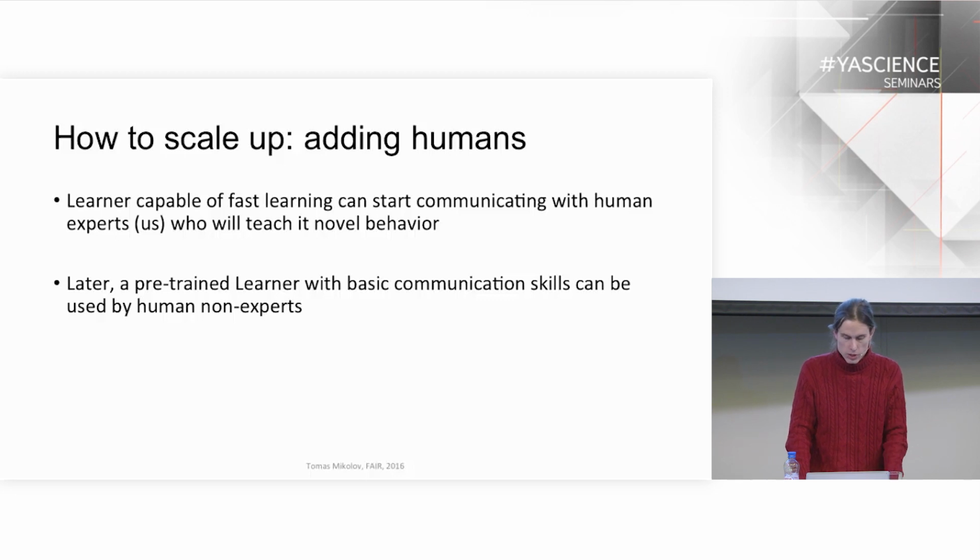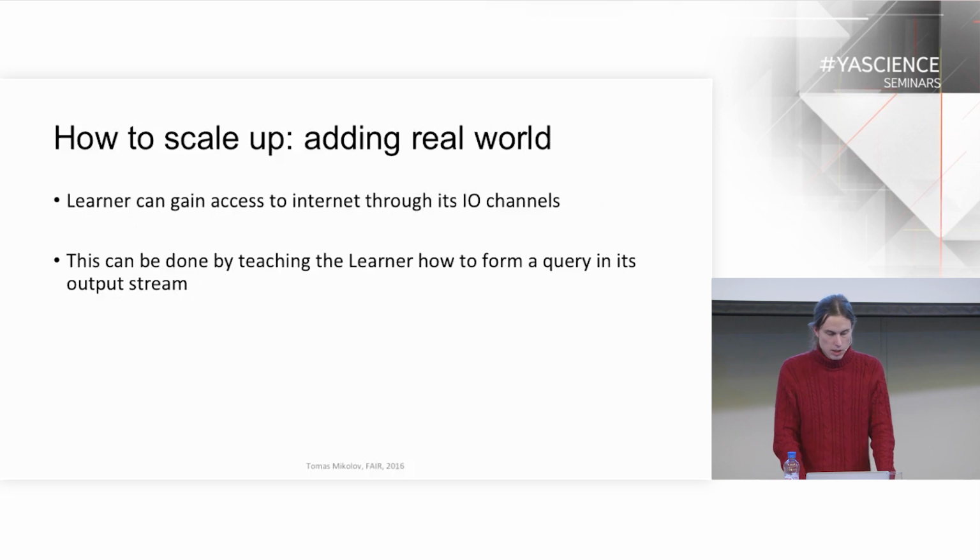And of course, in a very distant future, once we have this pre-trained learner that has basic communication skills and learning skills, then we can just ship these intelligent machines to real people who would be teaching them to perform tasks that would be specific to them. Adding real-world signals also doesn't seem difficult because we can just make everything part of the communication channels.